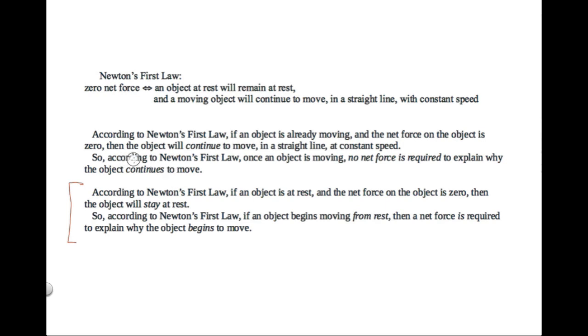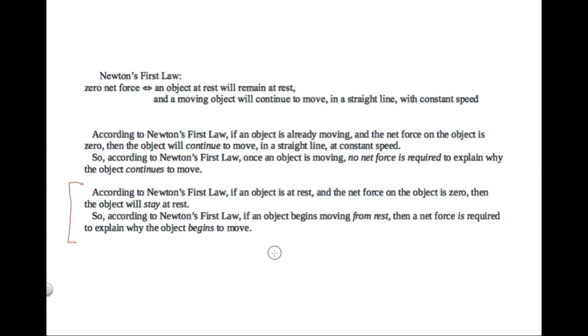We've seen that, according to Newton's first law, once an object is moving, no net force is required to explain why the object continues to move. But what about if the object begins at rest? Well, according to Newton's first law, if an object begins moving from rest, then a net force is required to explain why the object began to move.